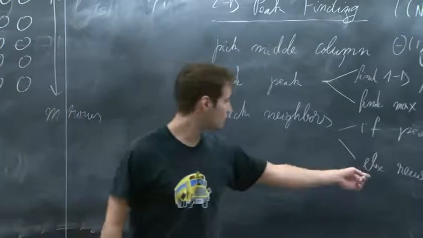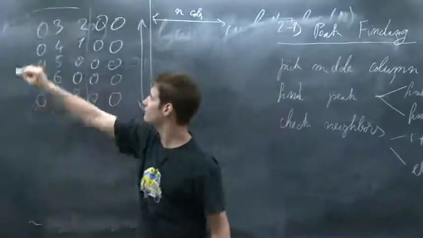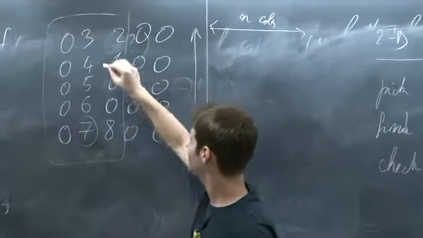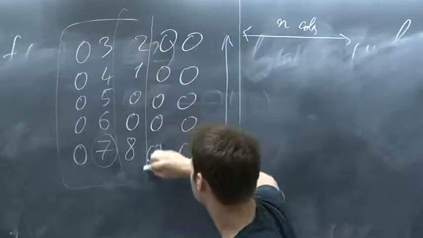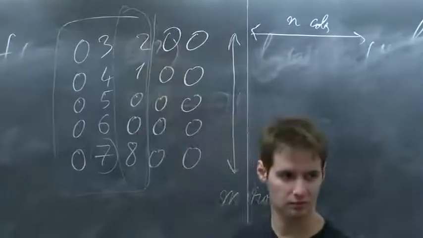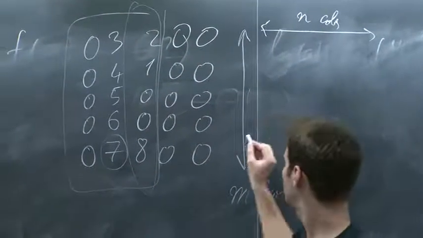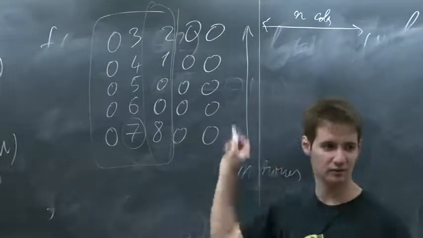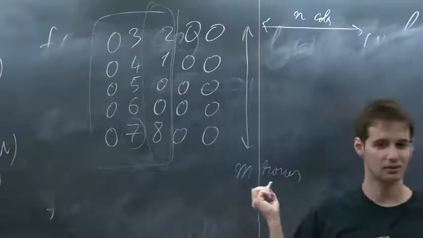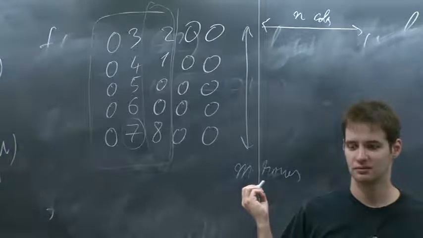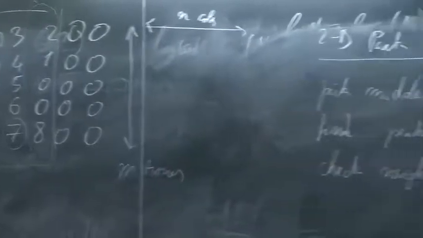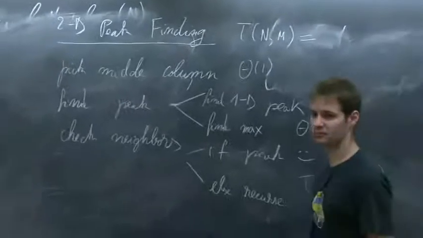So if I have to recurse, I'm in this array that was originally n by m, and I'm only going to look at the right side. How many rows do I have in the new array? Start with the easy one. All right, same as before. How many columns?